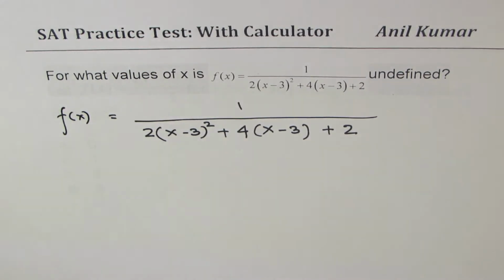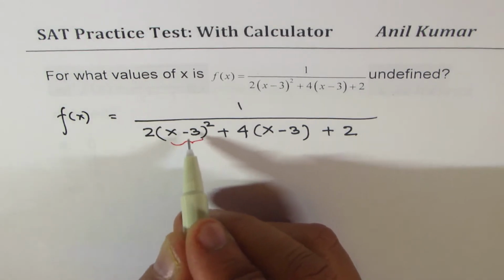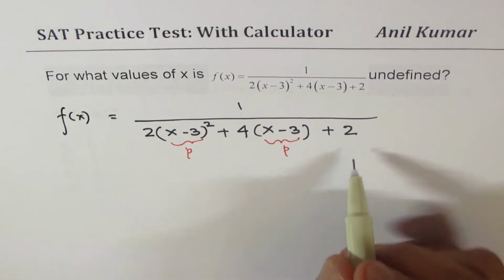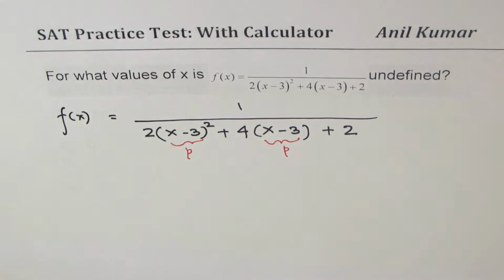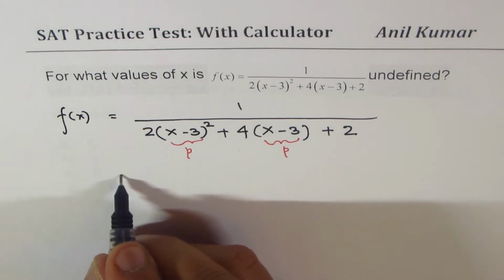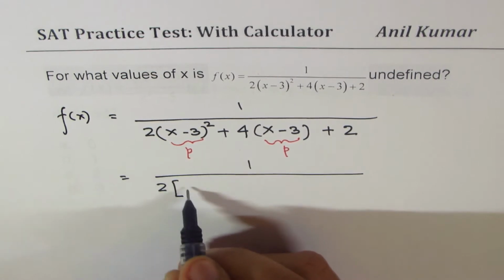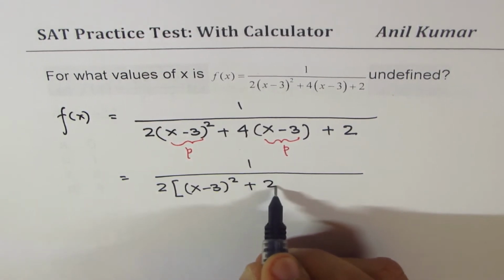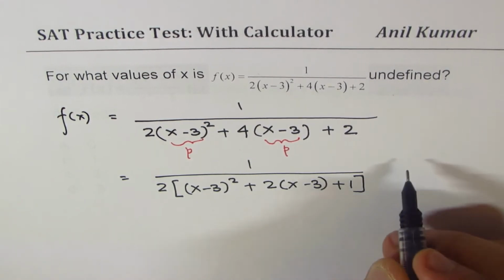You will see this is a quadratic function, where you could treat x minus 3 as some variable p. So first step, factor out 2, and what you get here is (x minus 3) whole squared plus 2 times (x minus 3) plus 1.